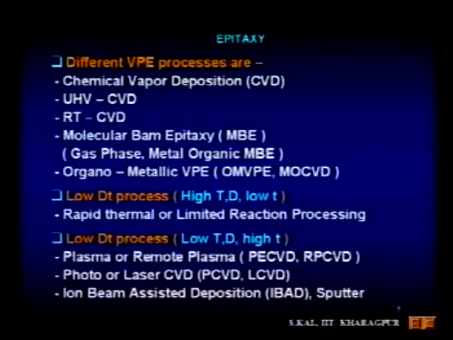Either in plasma CVD or photo CVD or laser CVD or ion beam assisted deposition, everywhere you will find the temperature doesn't go more than 400 to 500 degrees centigrade maximum. Whereas in rapid thermal, the temperature may go up to 1000 degrees centigrade, but the times are very small. So these are the low DT process techniques, and all these techniques are used nowadays in different applications.